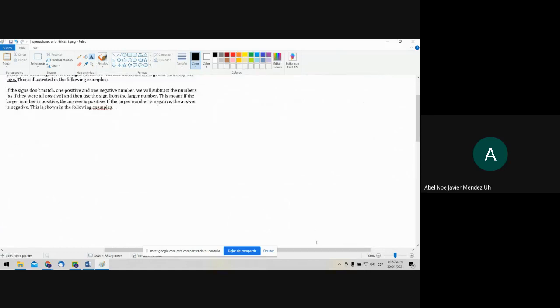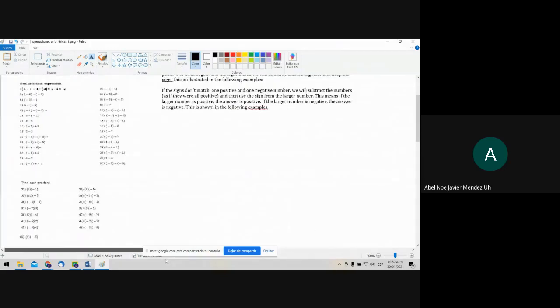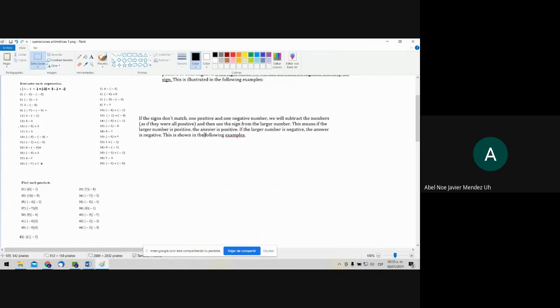Okay, like the operation number 1, if the signs don't match, one positive and one negative, like this, we will subtract the numbers and then use the sign of the larger number. Okay, we have the rule here.